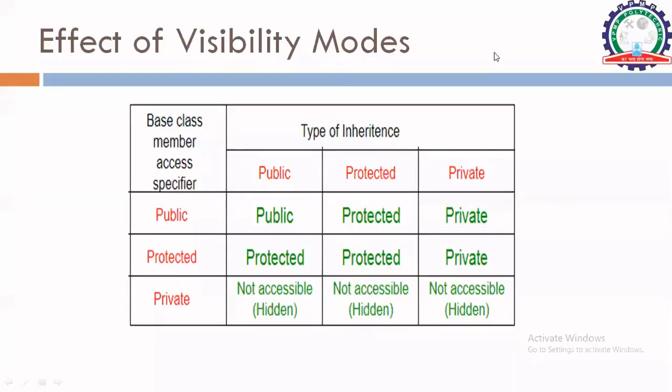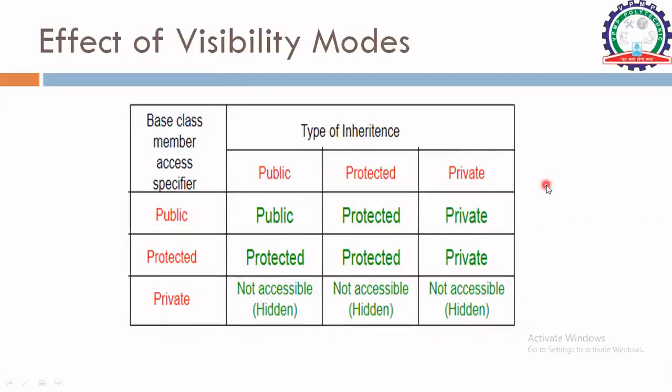Now let's see the effect of visibility modes in C++ classes. See, in this table, we have listed the base class member access specifiers vertically in the first column, and the type of inheritance, that is, whether we are deriving a class publicly, in a protected way or in a private way, in the first row.